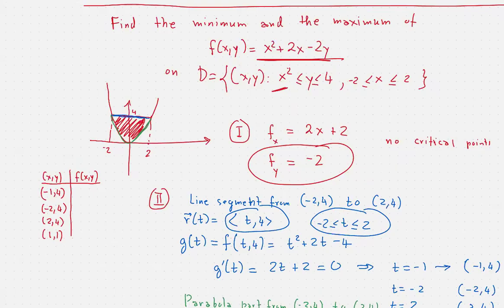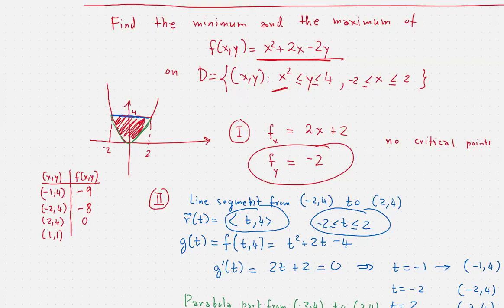Then if we plug in -2, 4, we get 4 minus 4, that's 0, minus 8. Then if we plug in 2, 4, we're going to get 4 plus 4 is 8, minus 8 is 0. And if we plug in 1, 1, we will get simply 1.